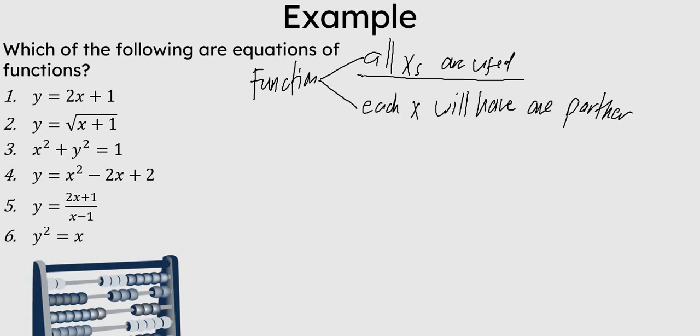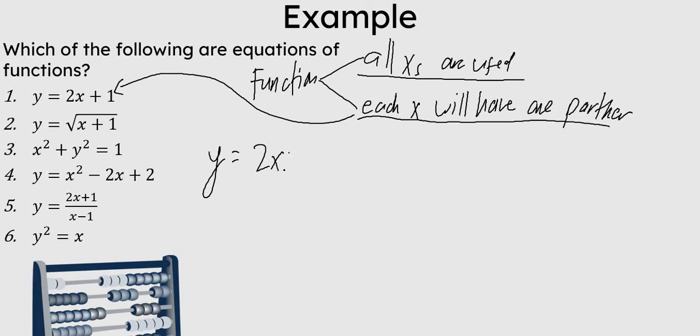So we will focus more on this one, that each x will have one partner if we're talking about equations. How will we check this? Let's say for example the first equation, y equals 2x plus 1. If I put any number here, this should only be just one number.